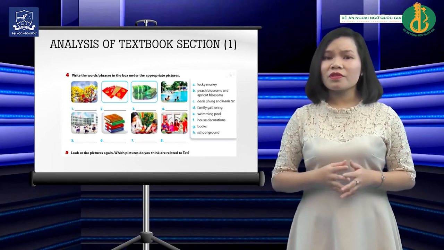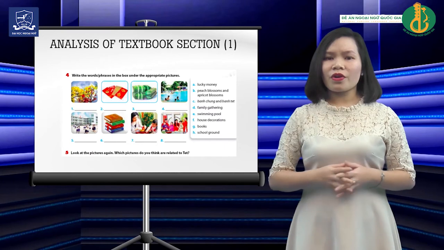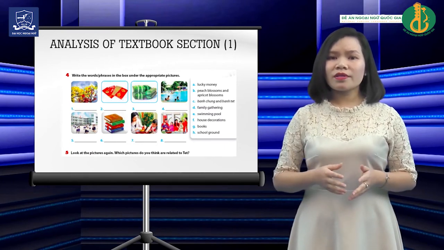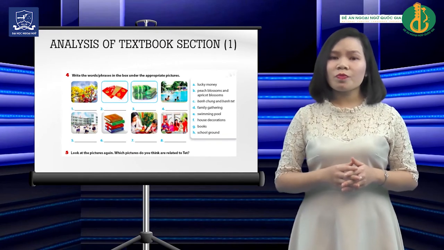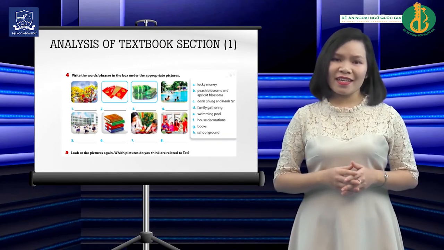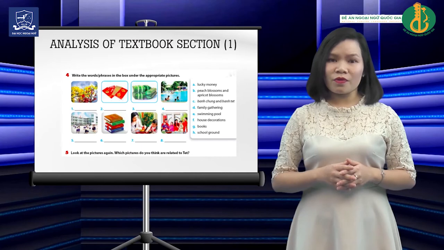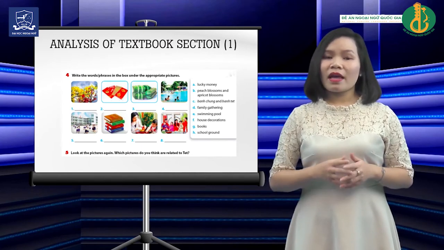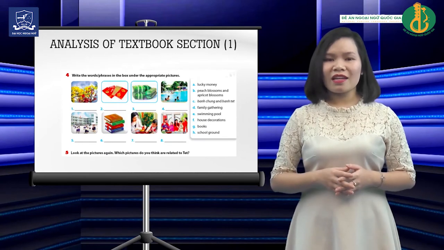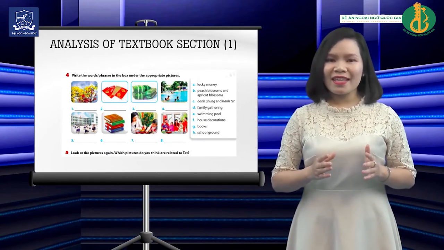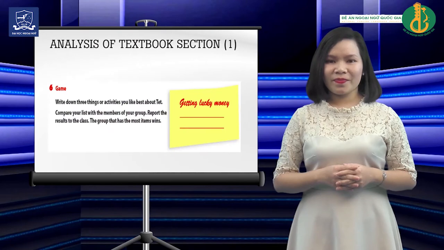This might confuse the students. Moreover, exercise 5 requires the students to look at the pictures again and decide which pictures are related to TED. This is not very purposeful when the topic and the vocab have already been clearly introduced. Not to mention that this task might be quite easy for the students.